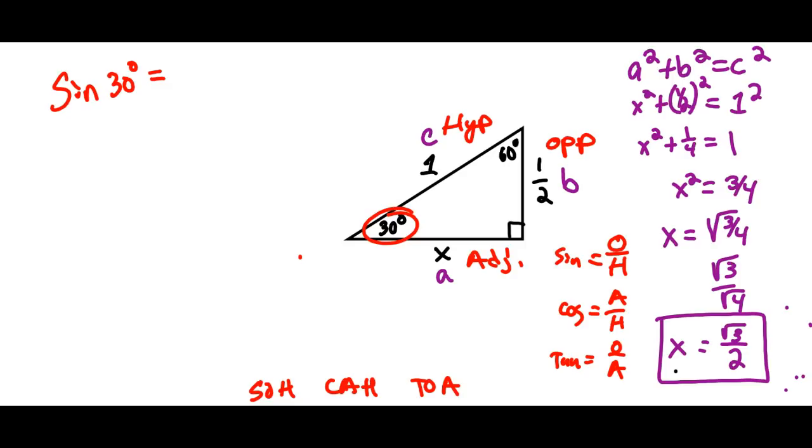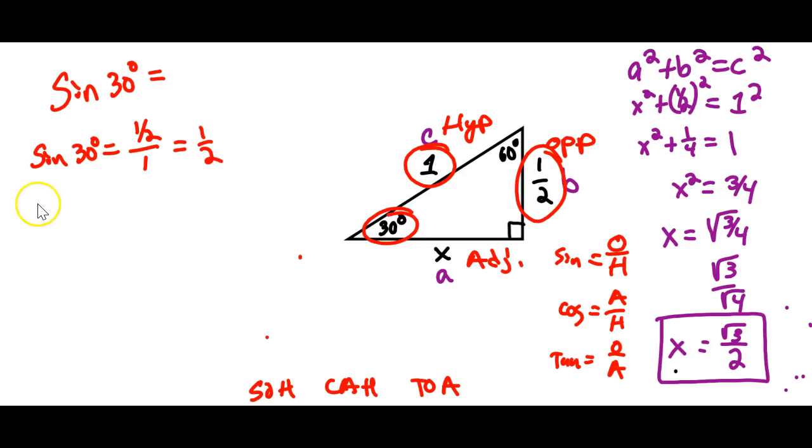And so if you say, okay, I've got the sine of 30. I know that sine is equal to opposite over hypotenuse. This is the opposite side, and then this is the hypotenuse. That would give me opposite over hypotenuse, which reduces to 1/2.